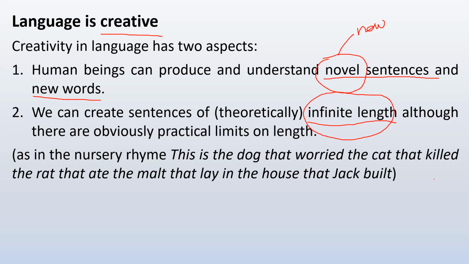But there's a practical problem in understanding, and it is not convenient. Other than that, human beings can still create long utterances. That's the point. So language is creative means having the ability to produce new sentences and long sentences. And there are limitations. You need to understand that when we talk about this creativity.